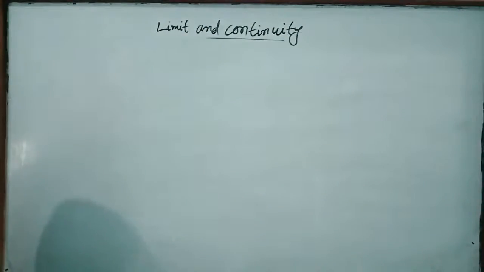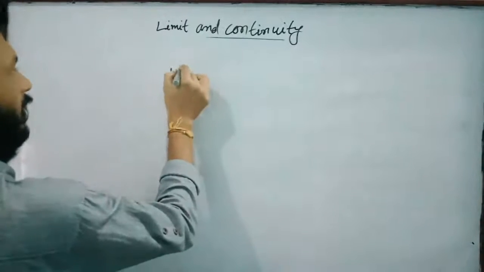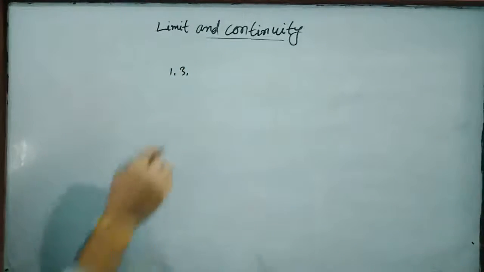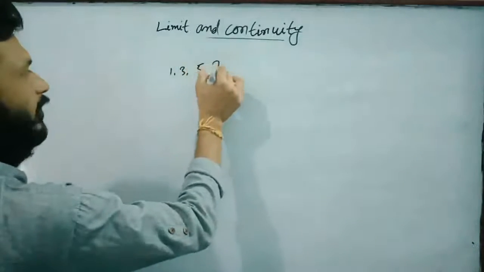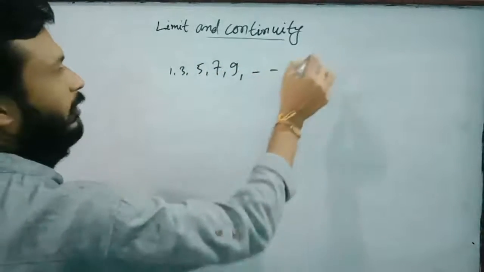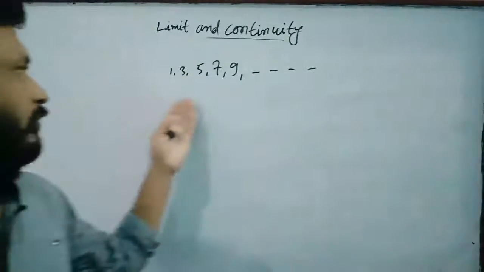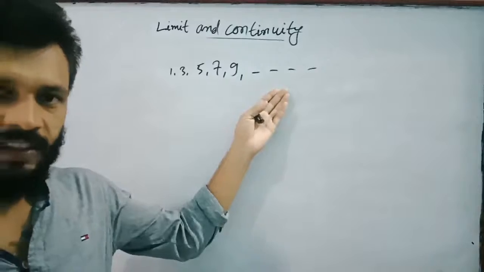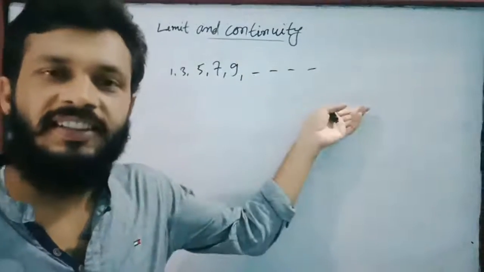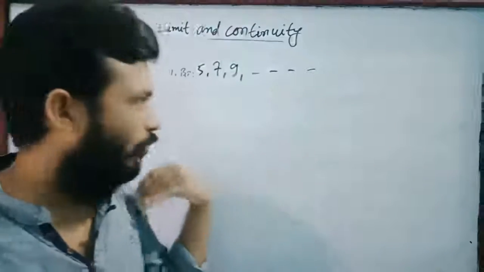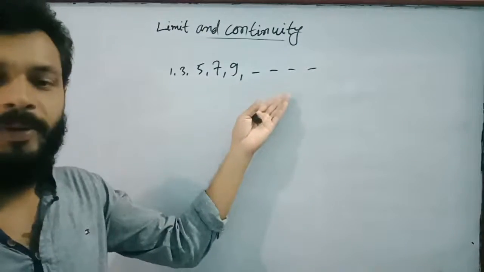Suppose we have this type of sequence. Let's see. 1, 3, understood? Then 5, 7, 9, infinite. Now, in this sequence, each term is increasing. So what is the limit value of the given sequence?